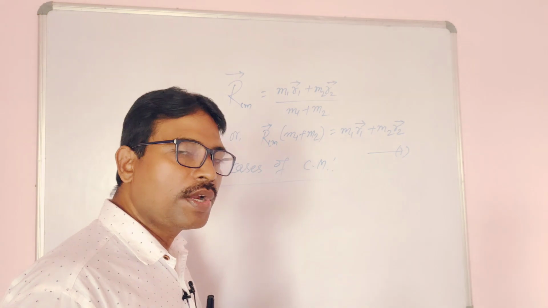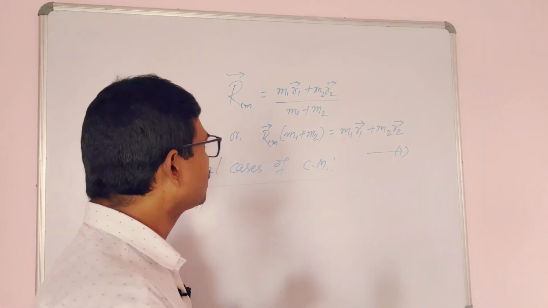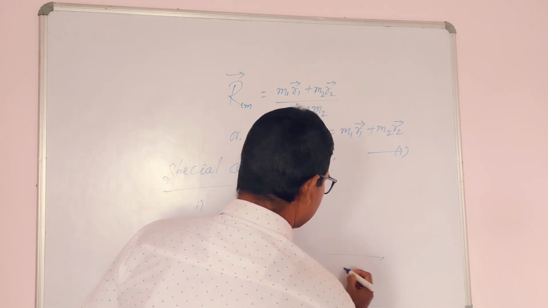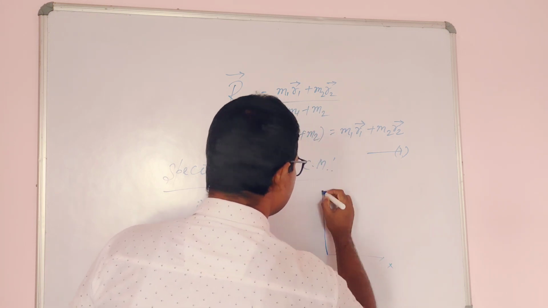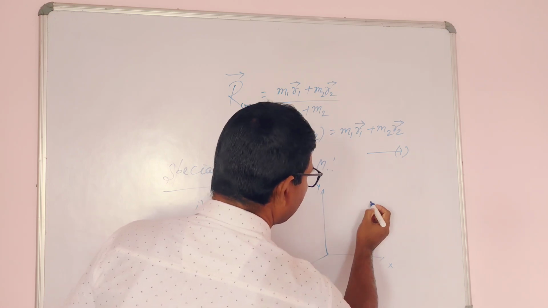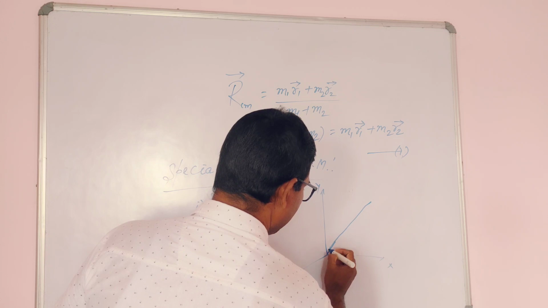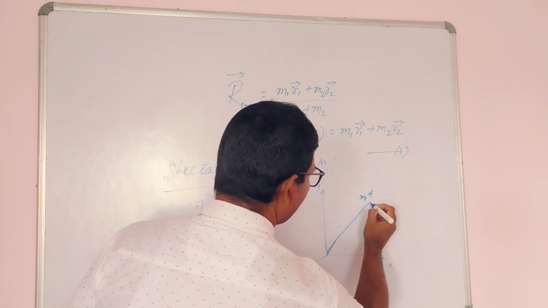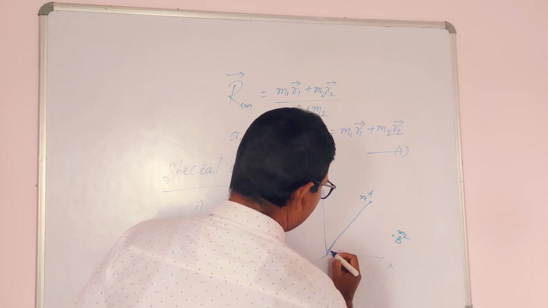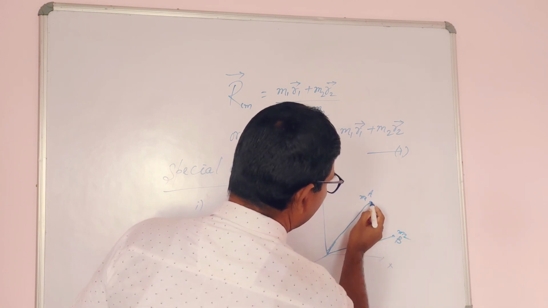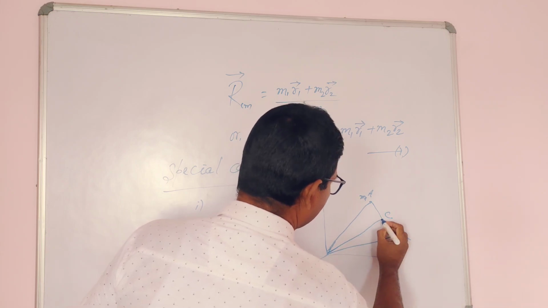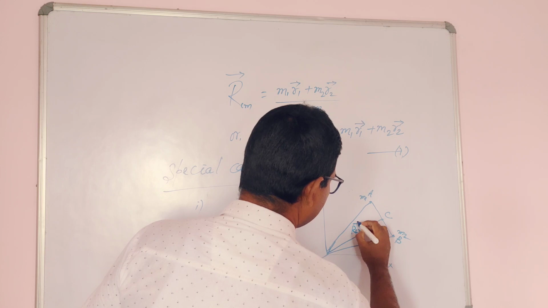So the first important point in center of mass: suppose this is the x axis, this is the y axis, this is the z axis. You are taking here particle A with mass m1, and this is particle B with mass m2. Let the center of mass be C and its position vector be R_CM.